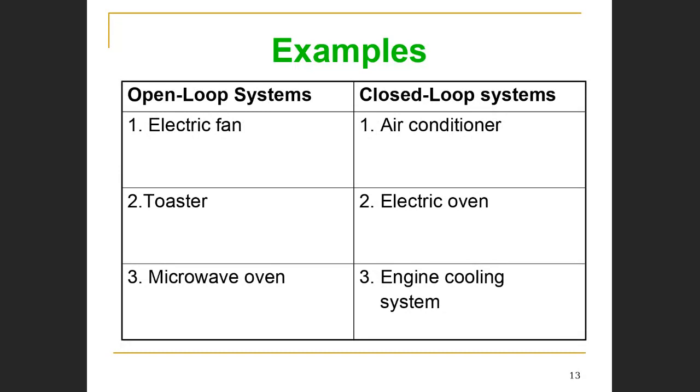Just to complete this discussion on open loop and closed loop systems, examples include the electric fan. The fan speed is maintained based on a switch position. There's no need for measuring the blade speed because nobody is going to be hanging anything on those blades.